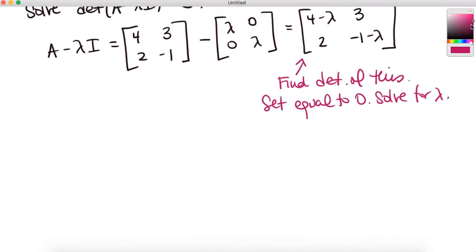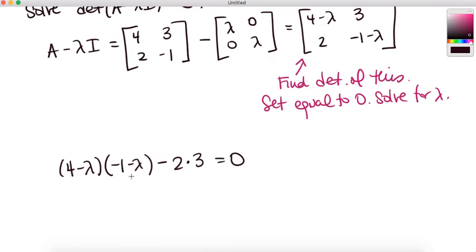The determinant of a 2 by 2 is not so bad. You multiply along the diagonal and subtract the other diagonal. So 4 minus lambda times negative 1 minus lambda, the main diagonal entries multiplied together, minus the other entries multiplied together, 2 times 3, and we set all of that equal to 0. When we multiply it out, it looks an awful lot like a quadratic equation.